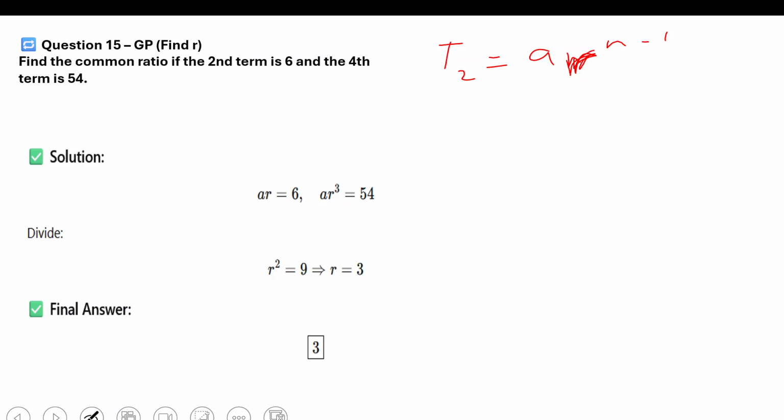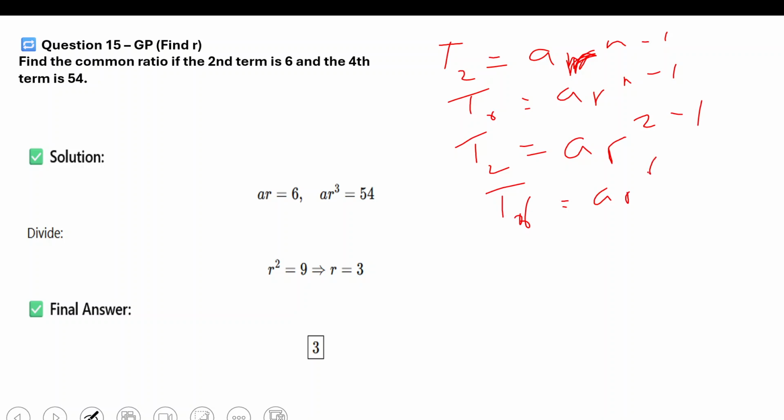And the sixth term T6 is a r raised to the power n minus 1. Now T2, let's put in the number of terms: a r, where n is 2 minus 1. And T6 is a r raised to the power 6 minus 1.